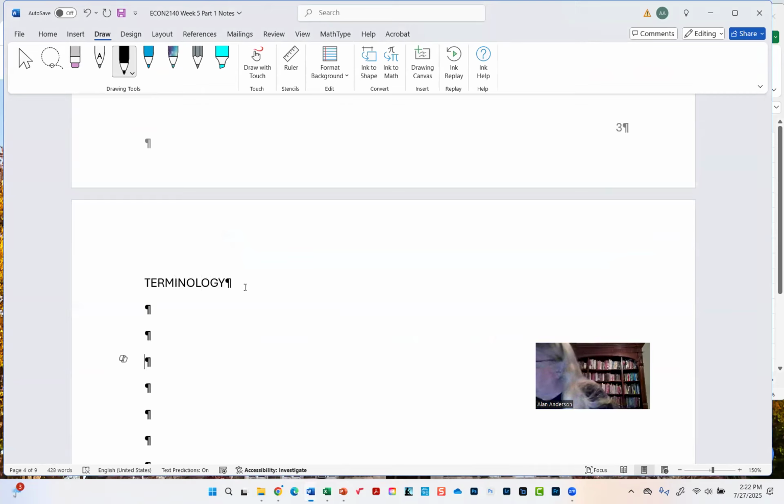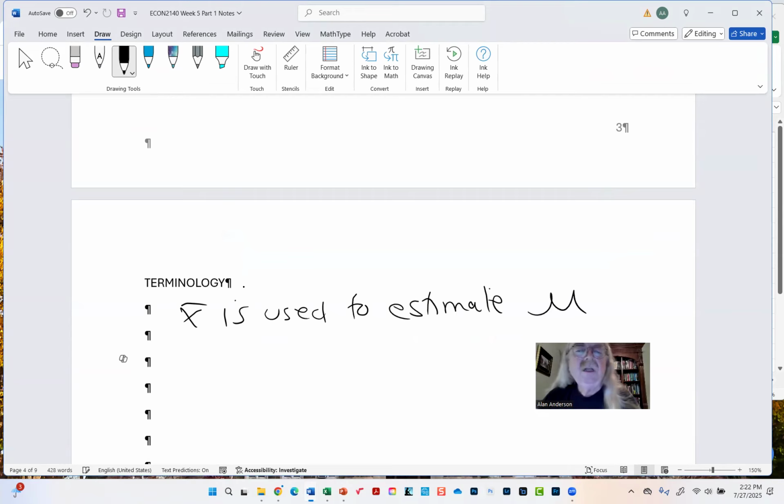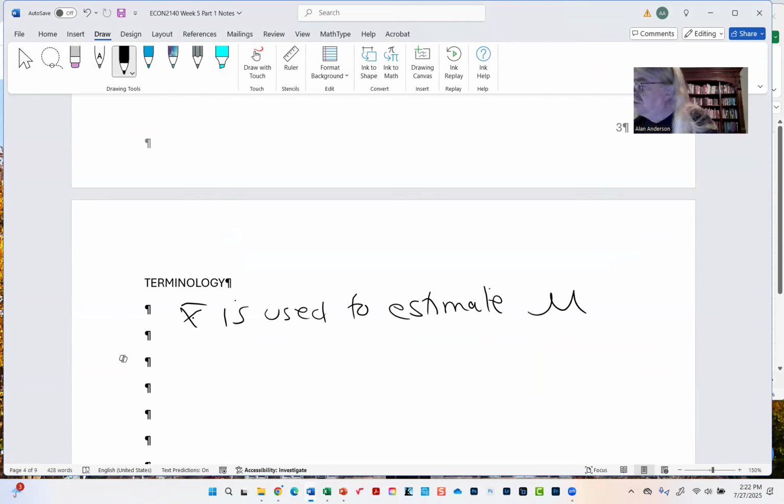So X bar, as you know, is used to estimate mu. And so the distinction we make here is that X bar is a formula.